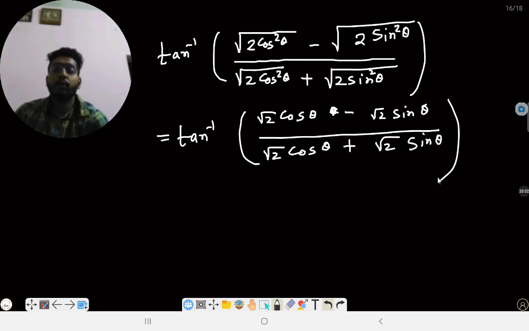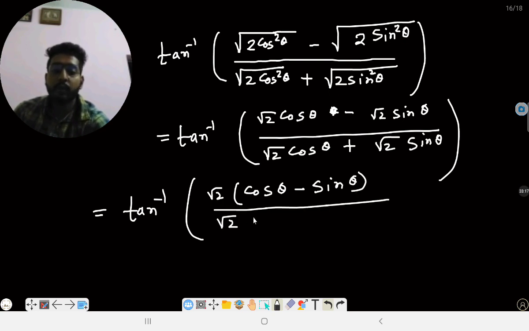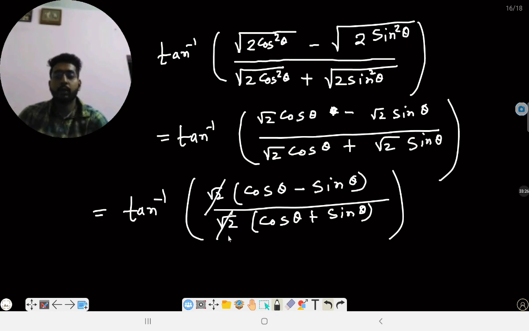Done. Now from the numerator we can take root 2. So we can take tan inverse of, if I take root 2 from here, cos theta minus sine theta divided by root 2 into cos theta plus sine theta. Now root 2 cancels out. Now look, there is a tan inverse. That means somehow we have to make it tan.